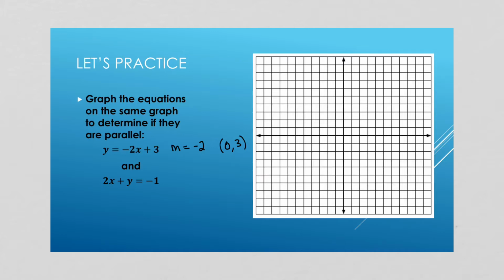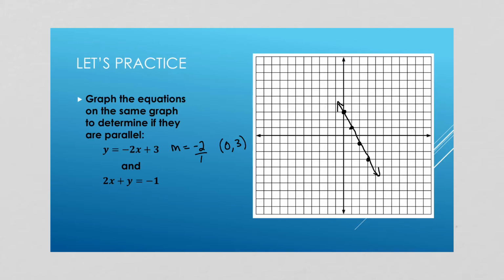So if I graph this, I go up 1, 2, 3. Now remember, all whole numbers can be turned into a fraction by placing that number over 1. So from this dot, I'm going to go down 2, right 1, and I can keep doing that. I'm not going to, but I could.